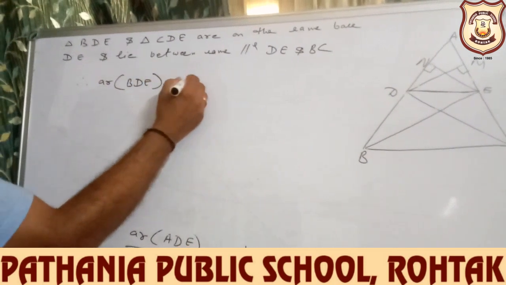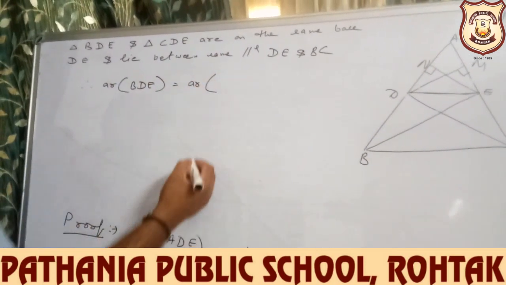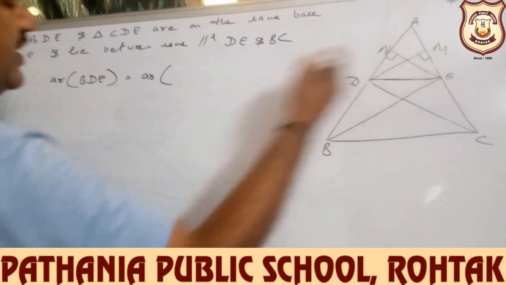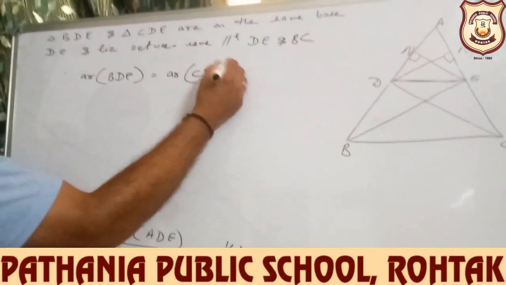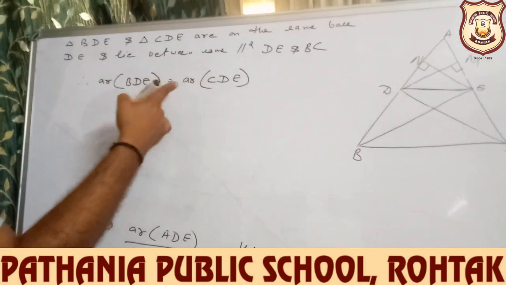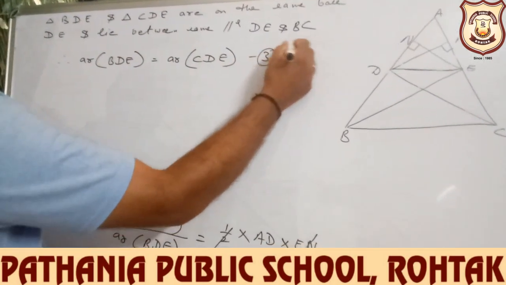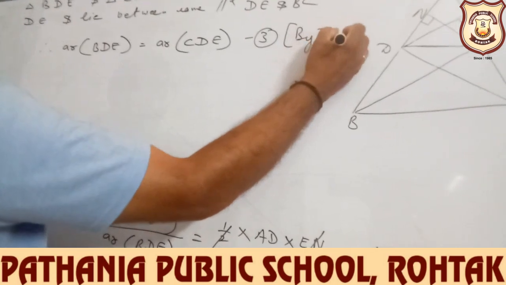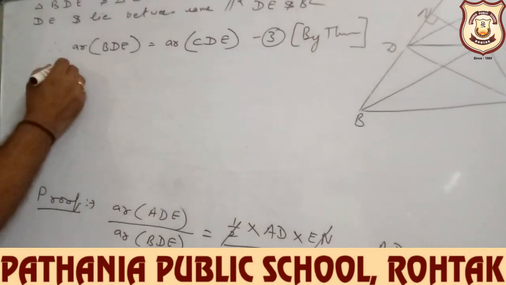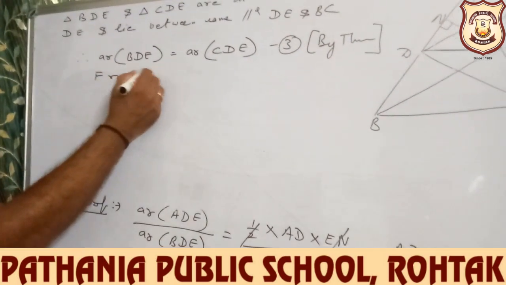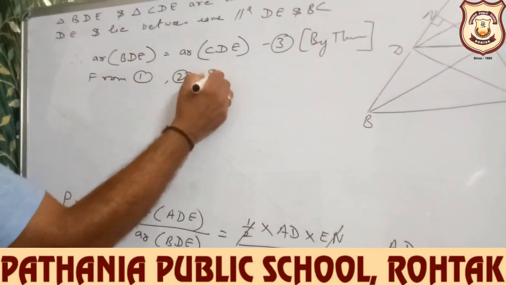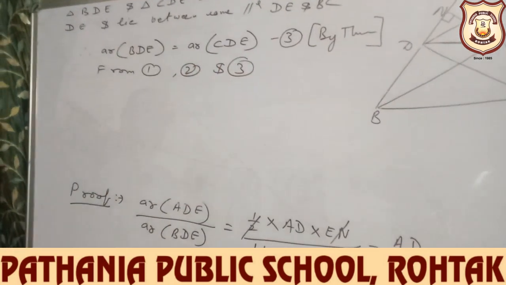Therefore, area of BDE equal to area of CDE. This theorem was in the previous class, 9th. Mention this as third, and here you can write by theorem.